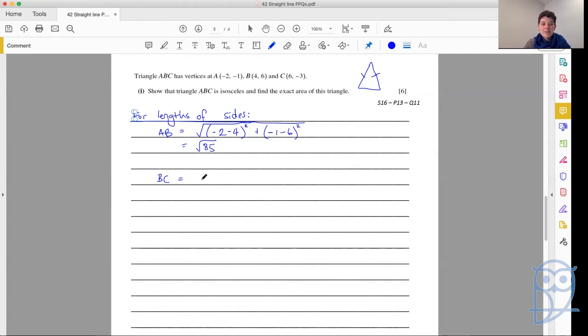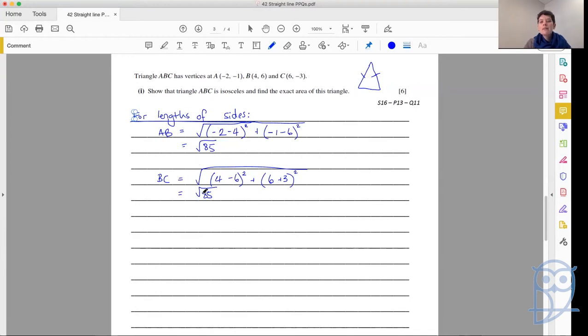BC, moving around our triangle, square root of 4 minus 6 all squared plus 6 minus minus 3 is 6 plus 3 all squared with a square root. So 4 minus 6 is minus 2, all squared is 4, and that's a 9 squared, which is 81, which, funnily enough, is a square root of 85.